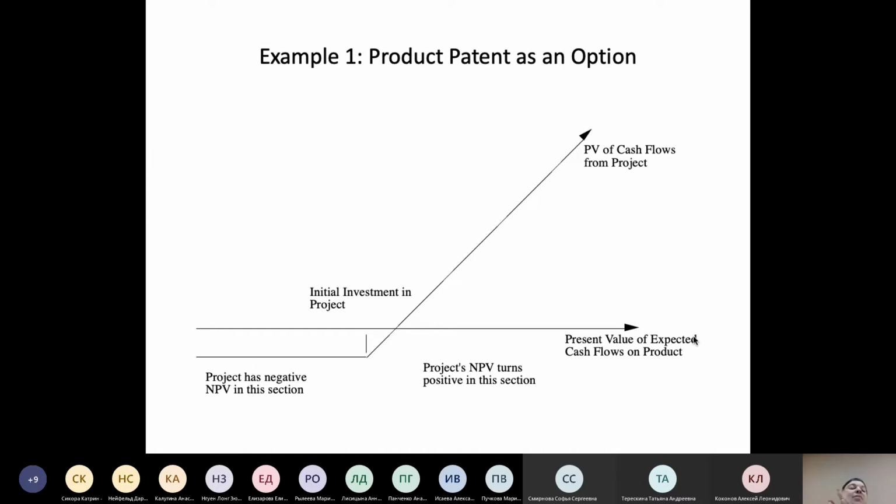And as an example, product patents as an option.